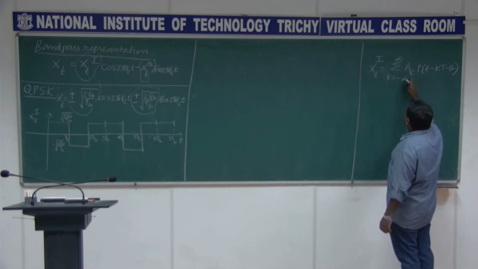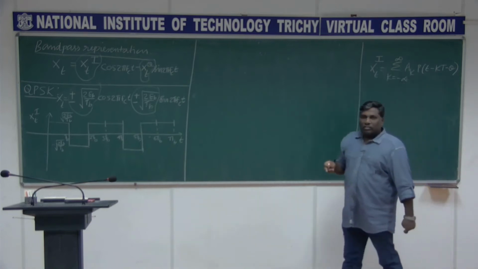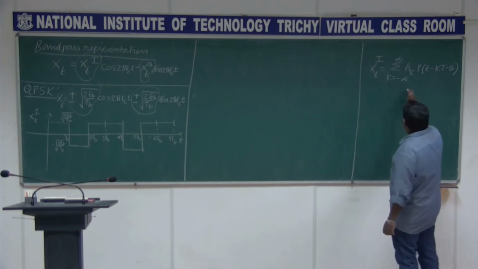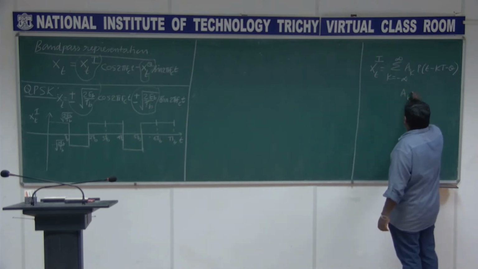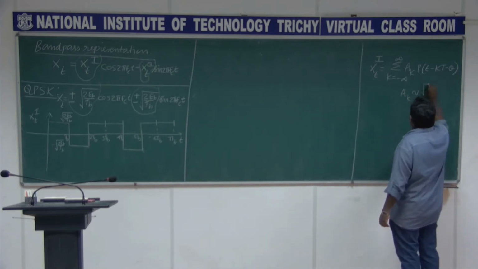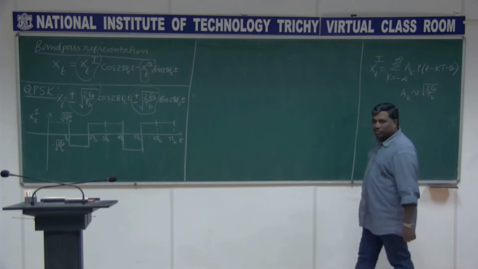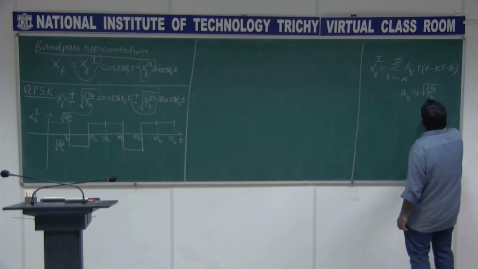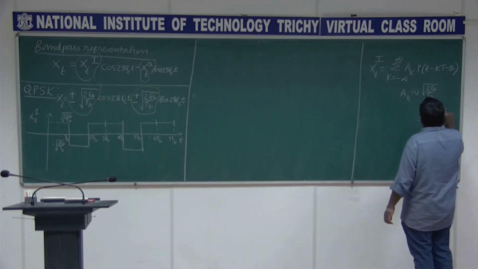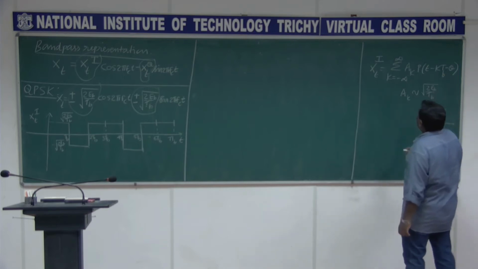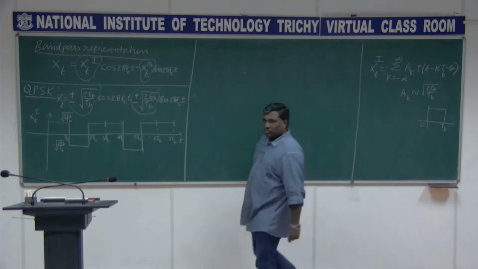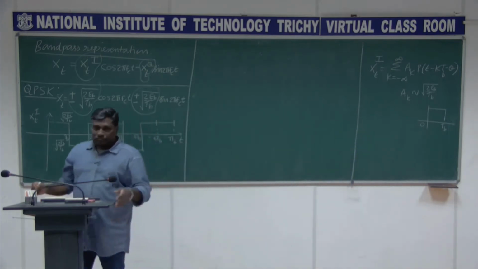And this a_k takes what? a_k takes two values. What are they? Root of 2 Eb by Tb. It gets multiplied with that, and you have a rectangular pulse with the duration of what? Tb. If I put Tb here, this is my in phase component.